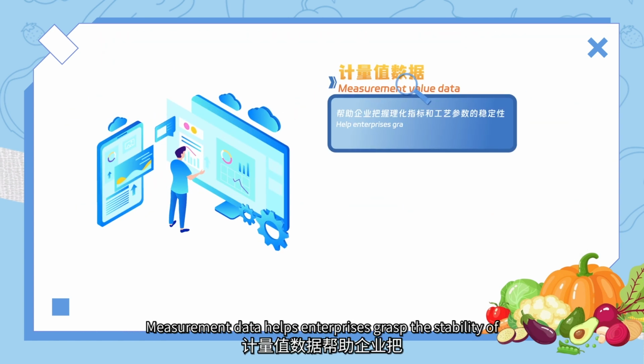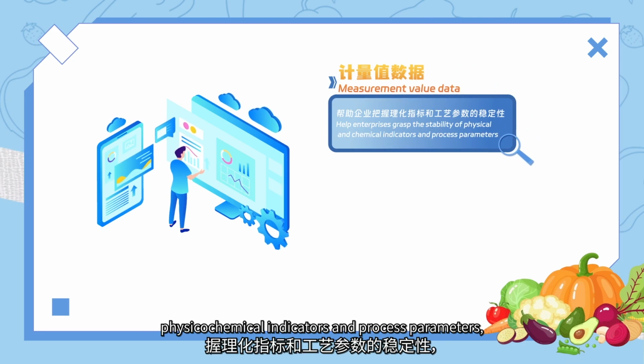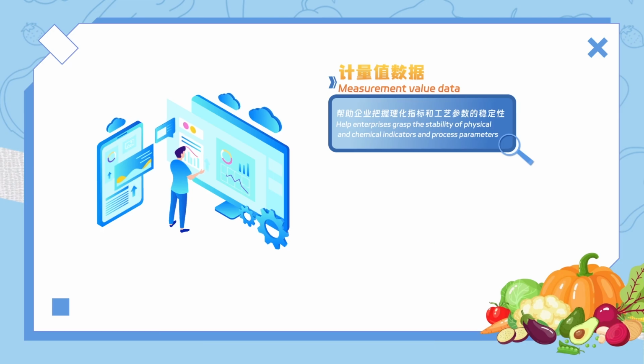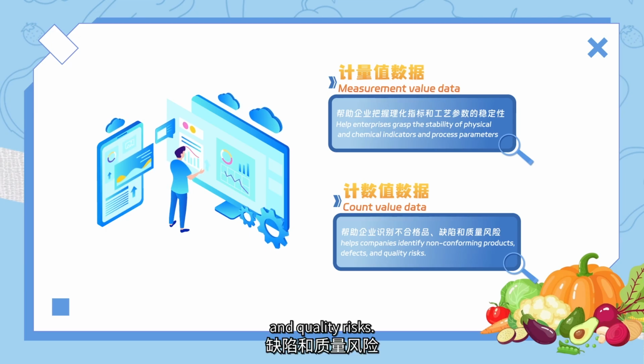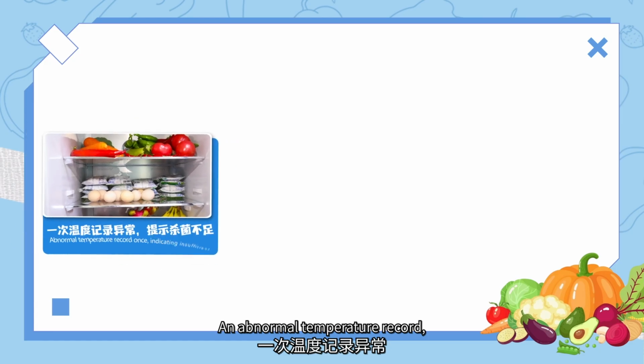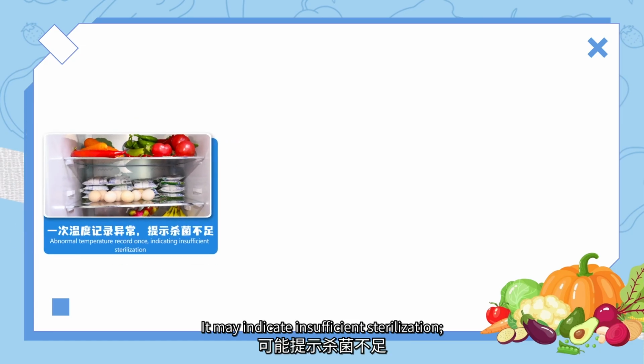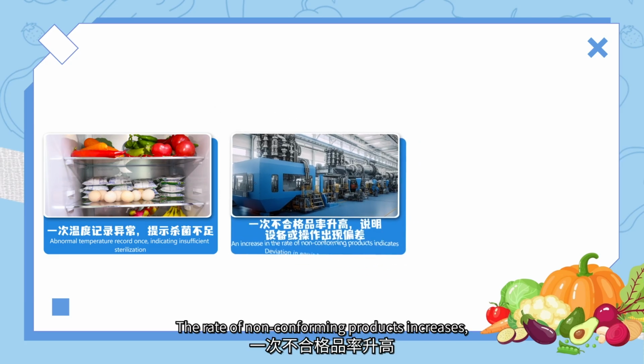Measurement data helps enterprises grasp the stability of physicochemical indicators and process parameters. Count data helps companies identify non-conforming products, defects, and quality risks. An abnormal temperature record may indicate insufficient sterilization. The rate of non-conforming products increases.